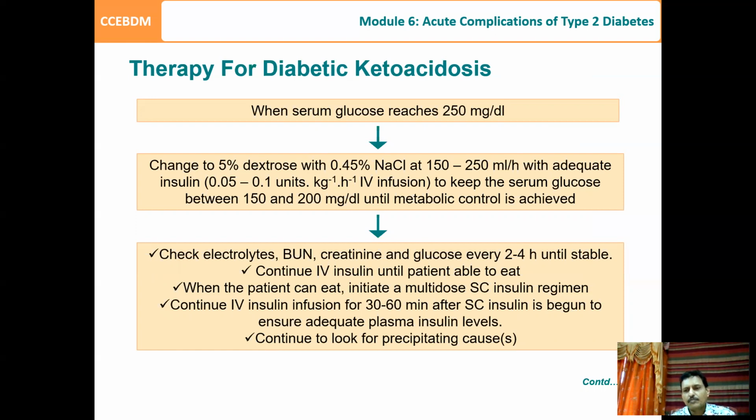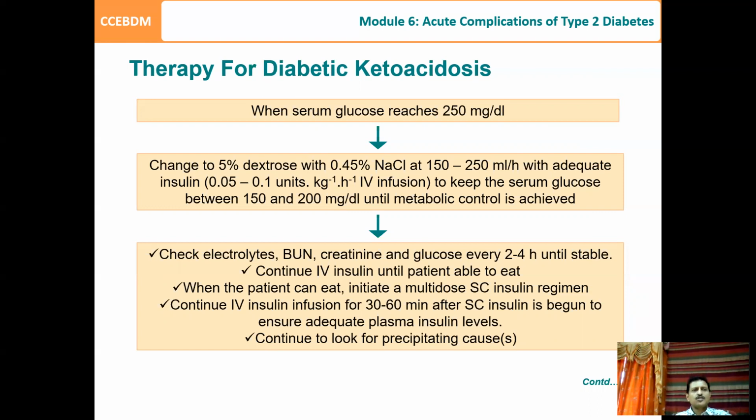Because the patient has a lot of GI symptoms, and unless and until the acidosis is corrected, the patient will not be able to take orally. So when the patient can take orally, it indicates that the process of acidosis is almost over. So when the patient can eat orally, you can shift the patient from the IV insulin to the subcutaneous insulin regime.